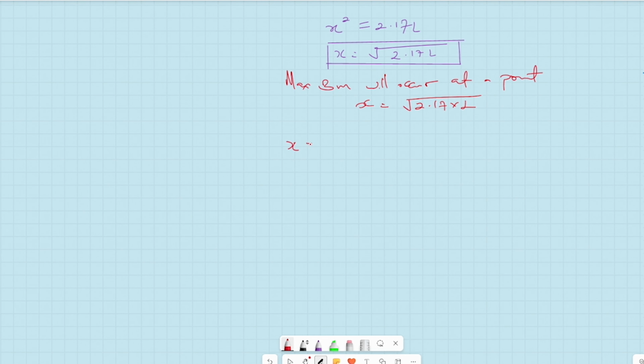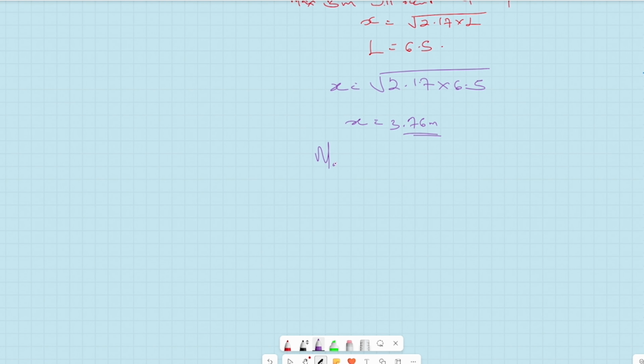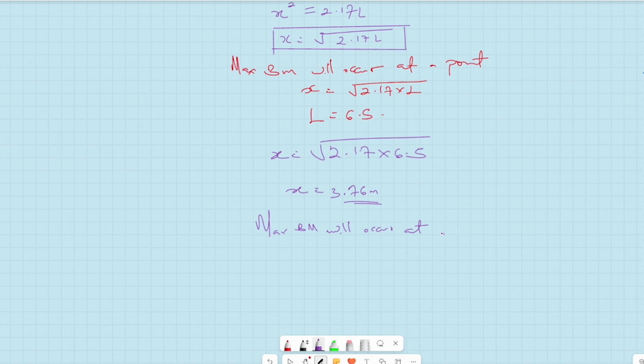We know that L is equal to our length of beam, which is 6.5. So x is equal to the root of 2.17 times 6.5. Let's solve this. x is equal to 3.76 meters. So maximum bending moment will occur at a point x equal to 3.76 meters.